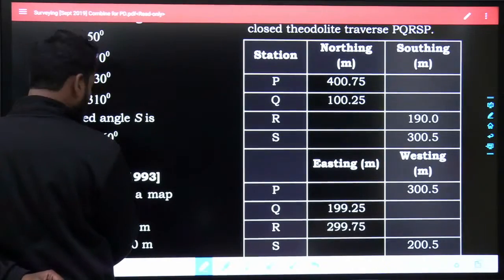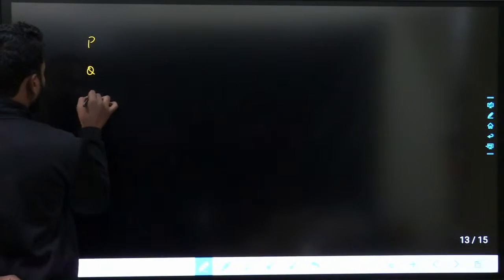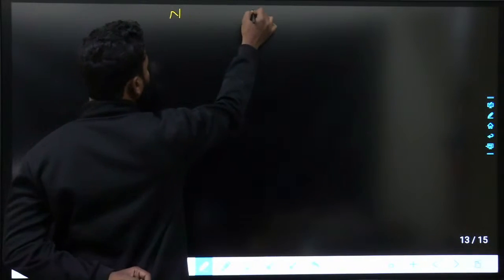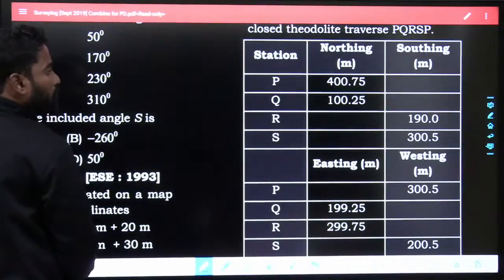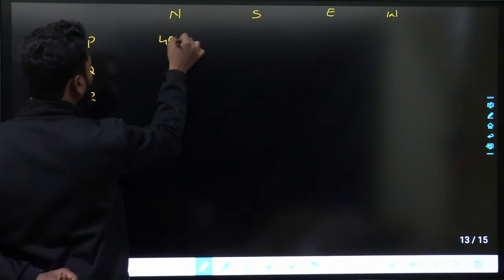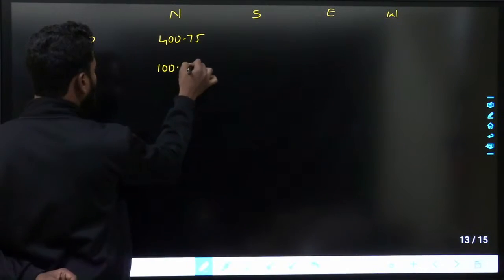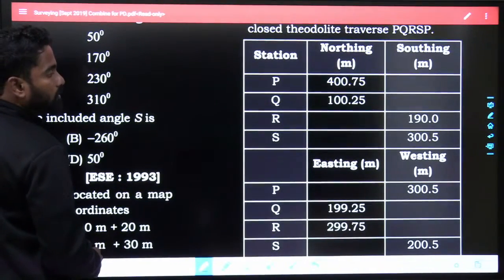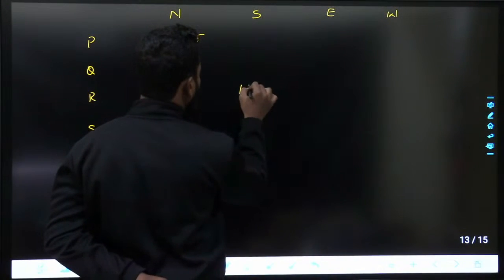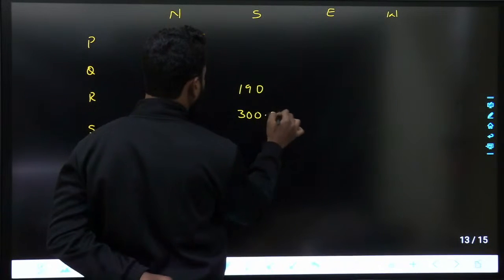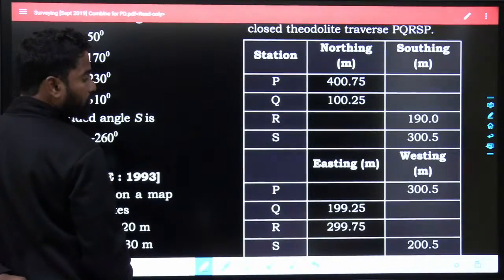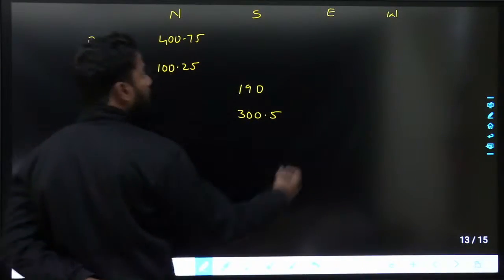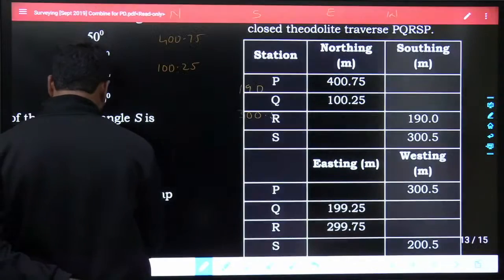PQRS, northing, southing, easting, westing. If I try to write it: 400.75, 100.25, 190, 300.5. Westing 300.5.